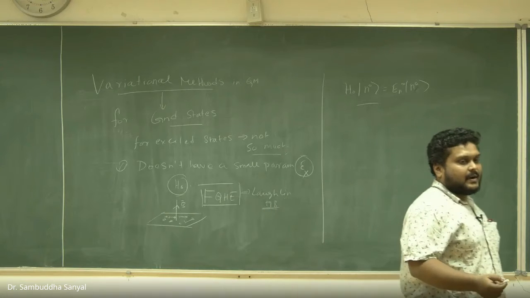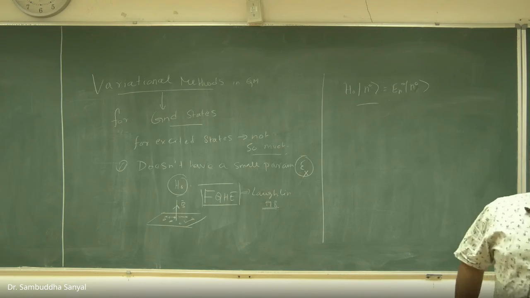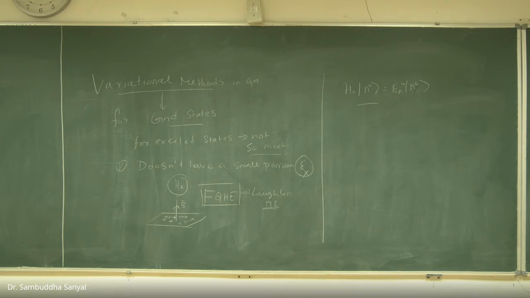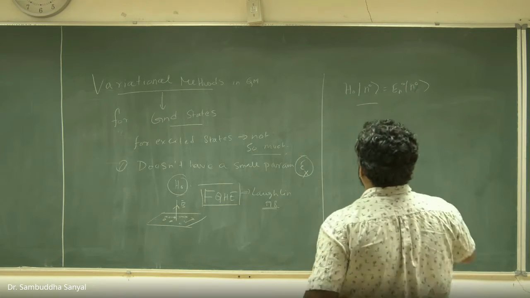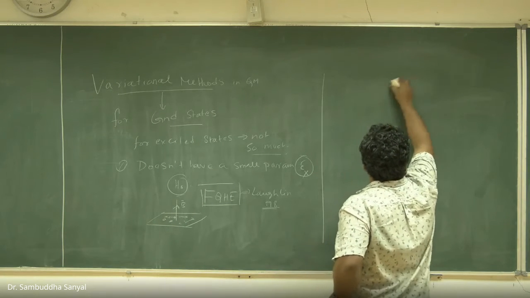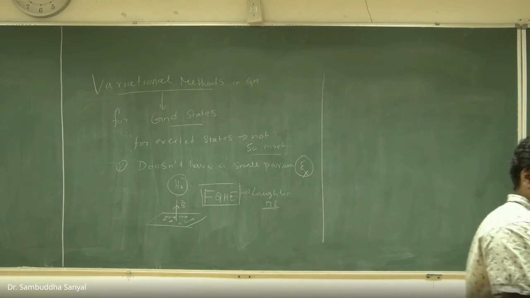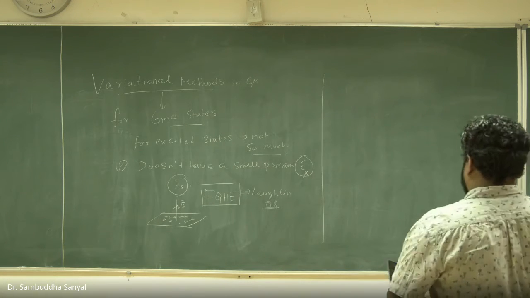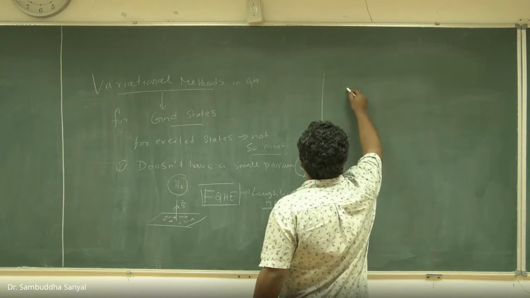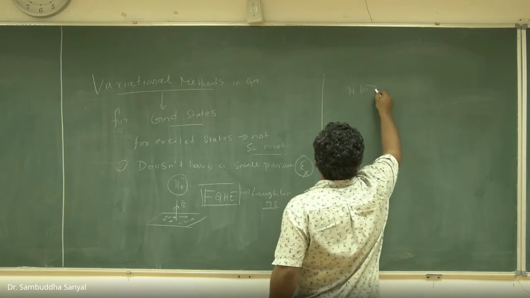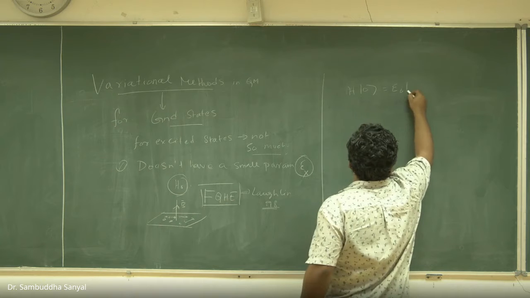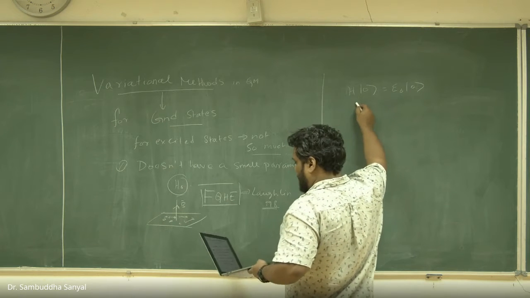And we know that in perturbation theory, let me write it down as the ground state. So we know that the ground state has the lowest eigenvalue, and all other states are higher.